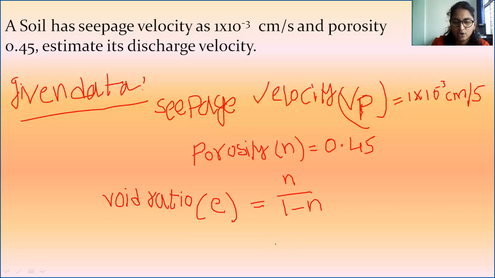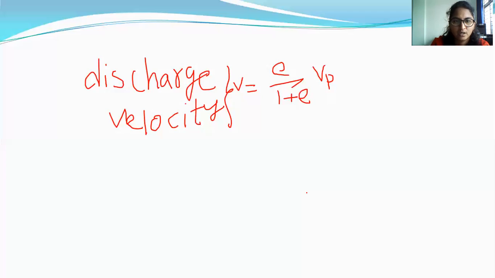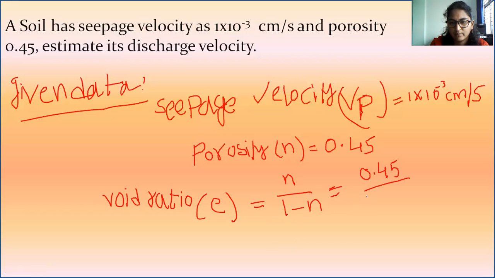Porosity n is equal to 0.45, divided by 1 minus 0.45.